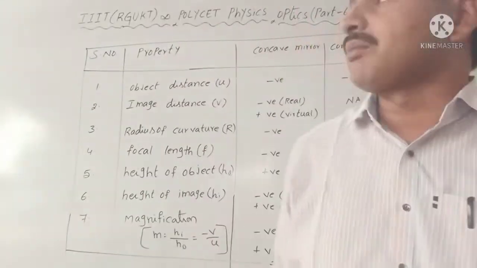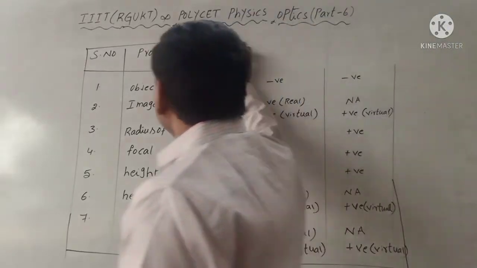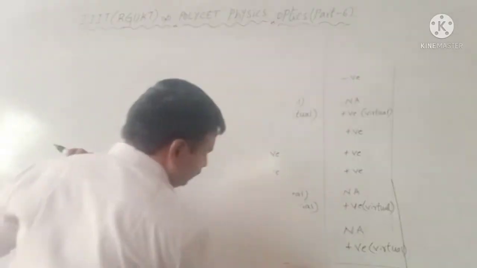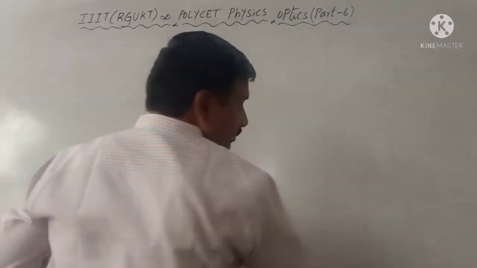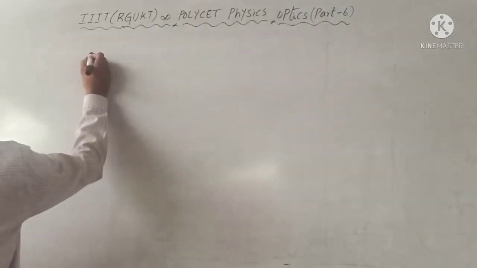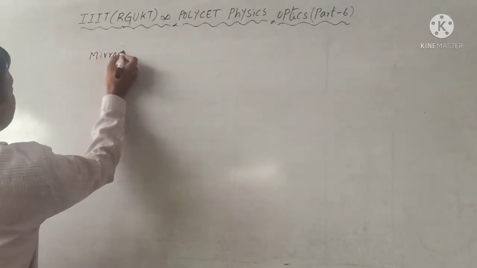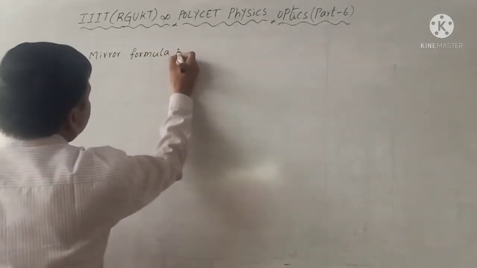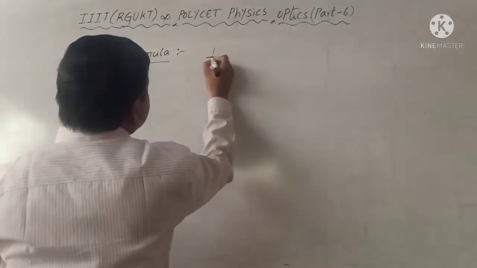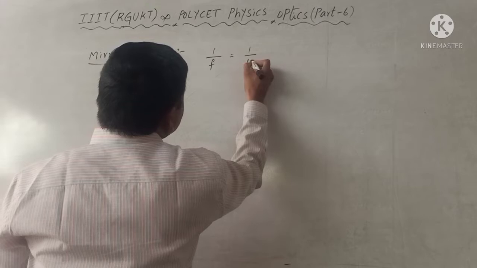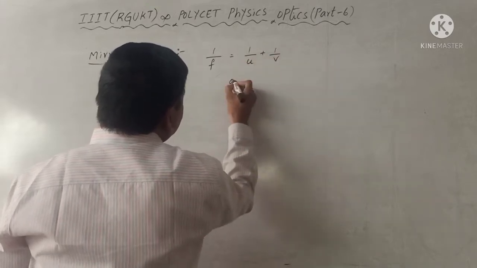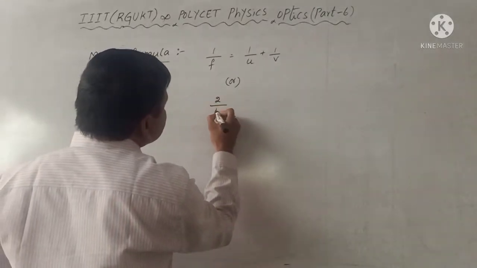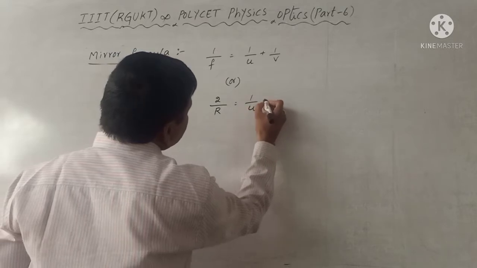Now we go to the mirror formula. What is the mirror formula? 1 by f is equal to 1 by u plus 1 by v, or 2 by r is equal to 1 by u plus 1 by v.